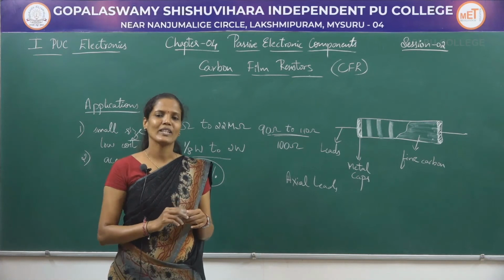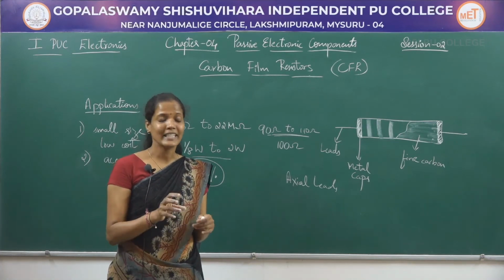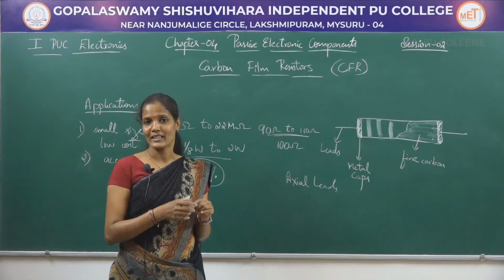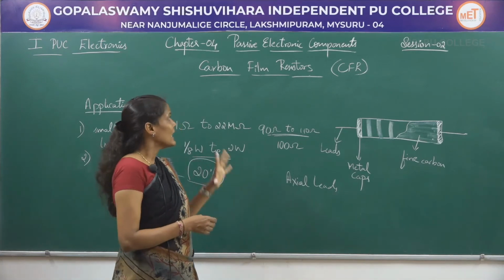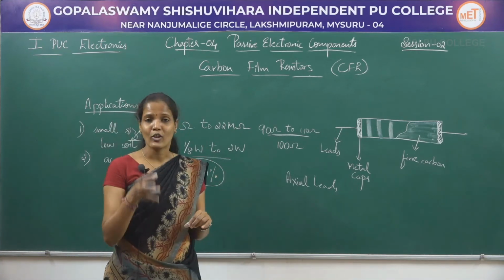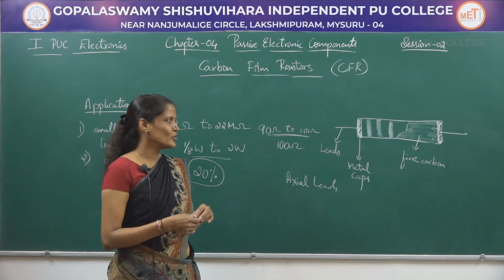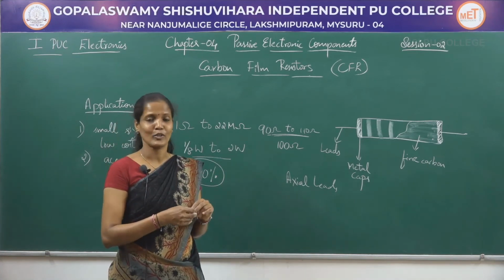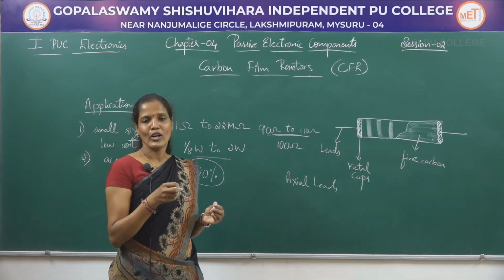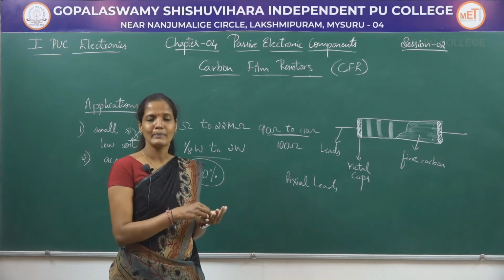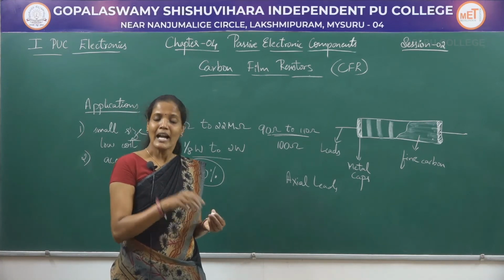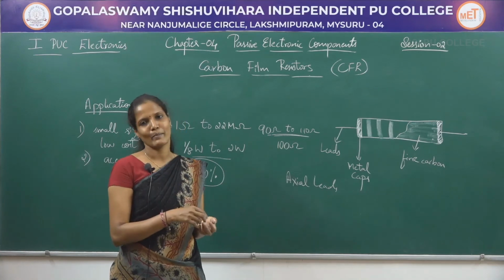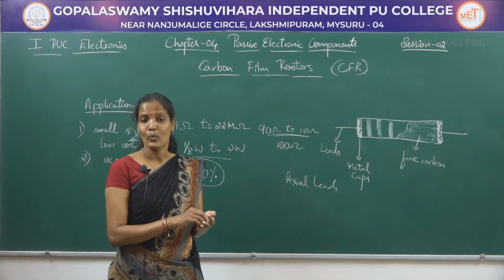We classify these resistors depending upon the material we use to construct them. Accordingly, this carbon film resistor has this name because we use fine carbon particles to construct these resistors. We deposit the fine carbon particles on the ceramic rod, and the amount of carbon particles deposited decides its resistance value.